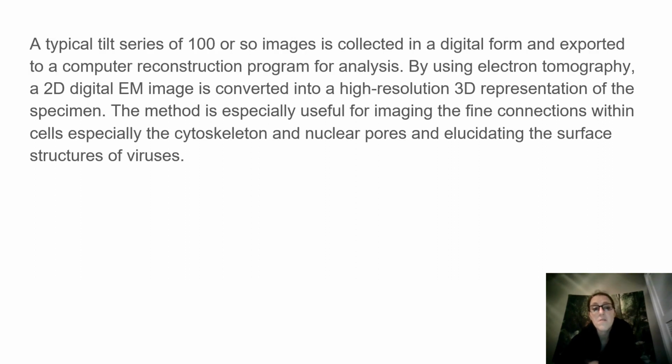A typical tilt series of 100 or so images is collected in a digital form and exported to a computer reconstruction program for analysis. By using electron tomography, a 2D digital EM image is converted into a high-resolution 3D representation of the specimen. The method is especially useful for imaging the fine connections within cells, especially the cytoskeleton and nuclear pores, and elucidating the surface structures of viruses.